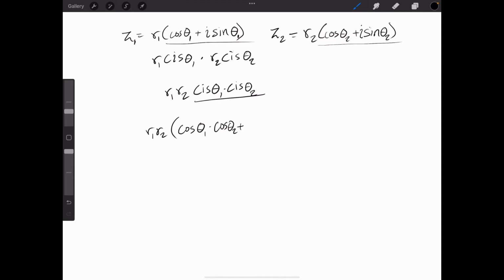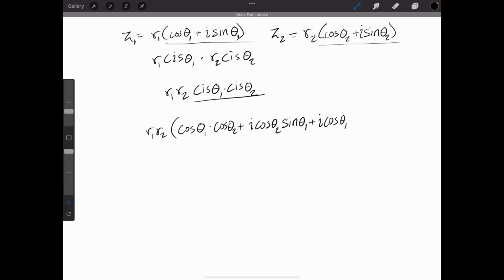Then you keep multiplying, so I cosine theta 2 sine theta 1 plus I cosine theta 1 sine theta 2 plus, and finally, I times sine theta 1 times sine theta 2.